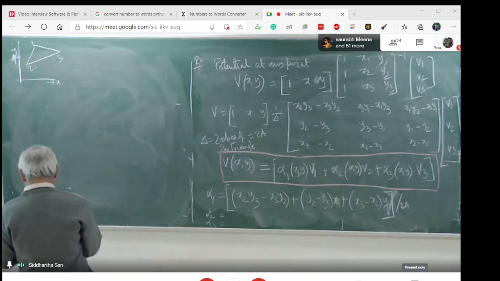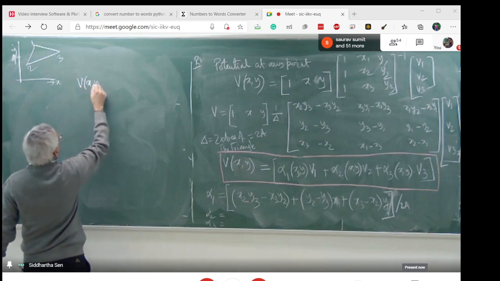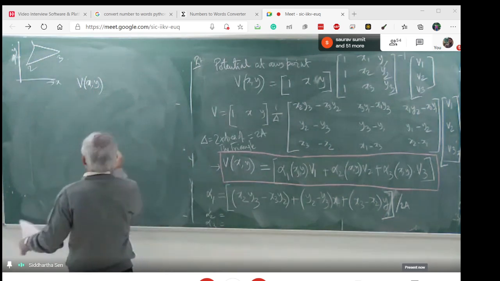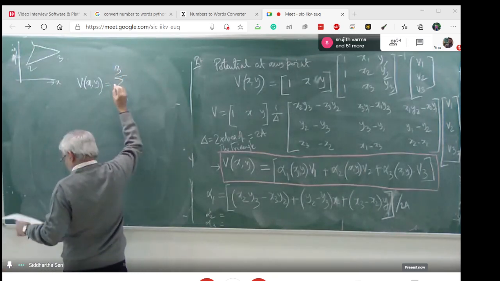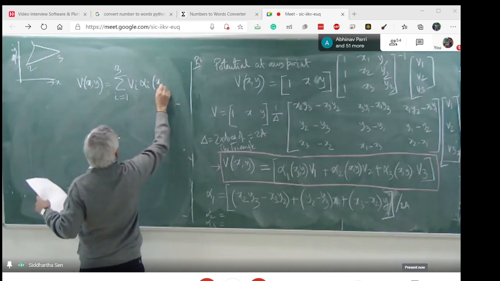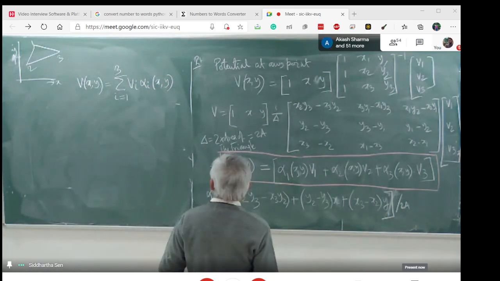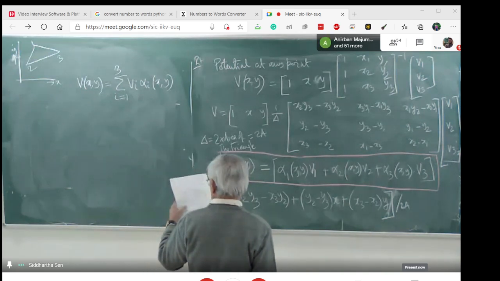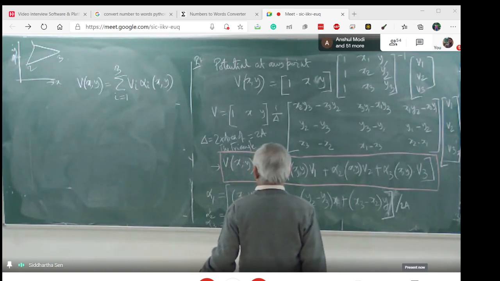So, in general, from this equation we can say V of x, y I can write as the sum over i equal to 1 to 3 of Vi into alpha i of x, y.